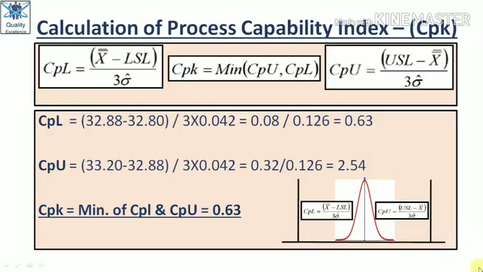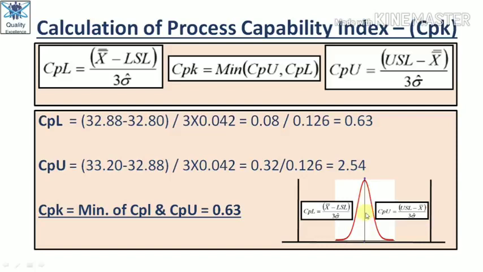Now let us understand how to calculate process capability index, which is CPK. Before that, let us go through this sketch. For an ideal situation, your CPK will be maximum if your process mean is lying on the target line.